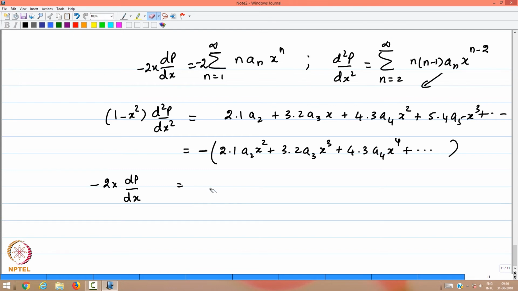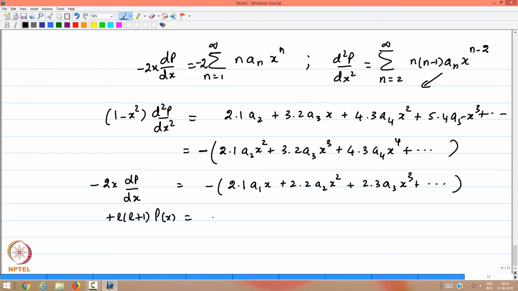So, minus 2x will become minus 2 times 1, n is 1, therefore, a1 x plus 2 times 2 a2 x square plus 2 times 3 a3 x cube plus etc. And the last one is of course plus L into L plus 1 P of x.